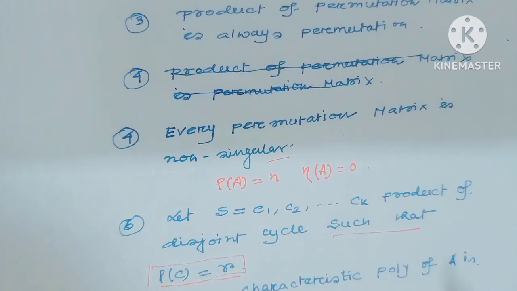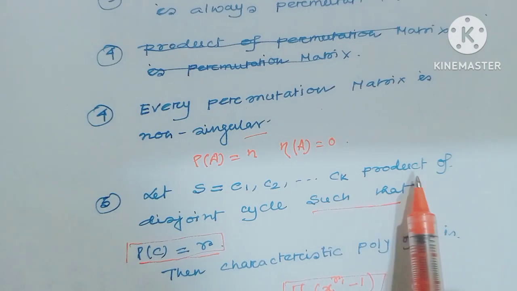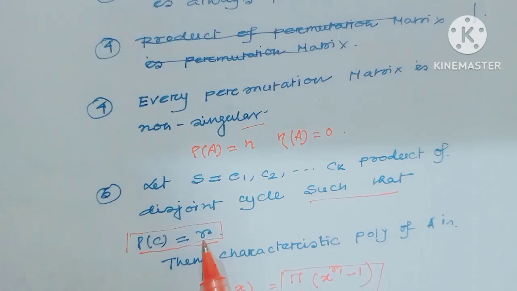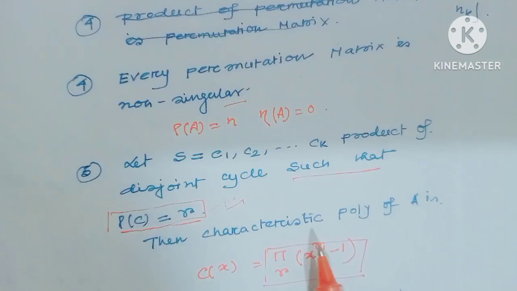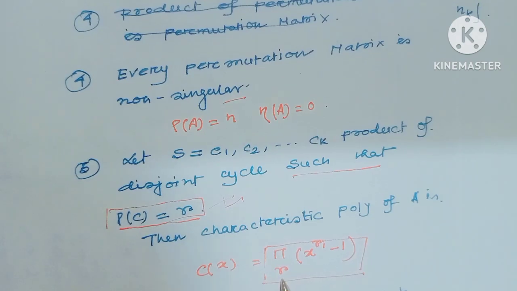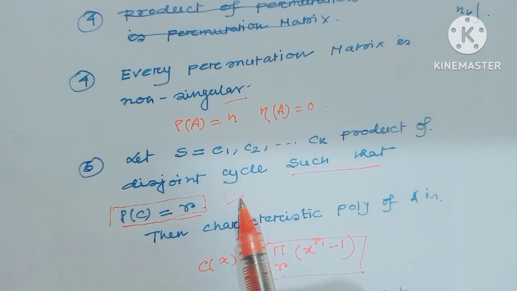Next property, if sigma equals C1 C2 ... Ck is the product of disjoint cycles such that the length of the cycle is r_i, then the characteristic polynomial is the product of (x to the power r_i minus 1), where r_i is the length.